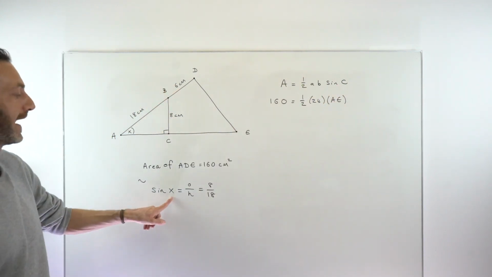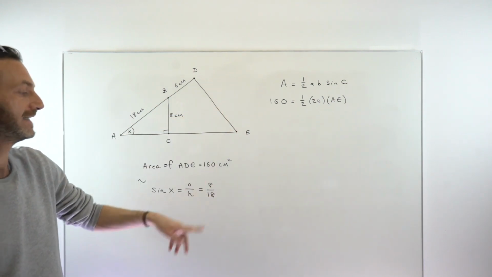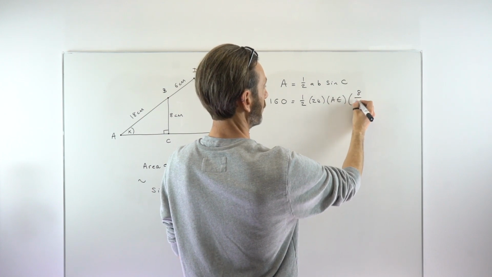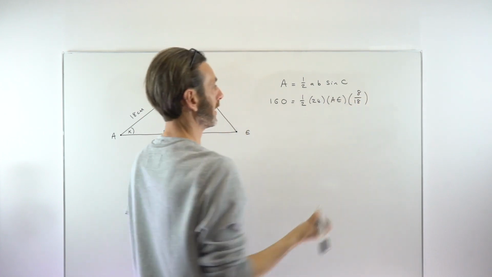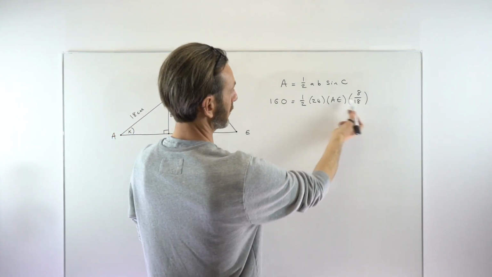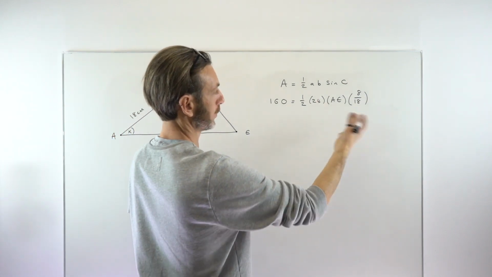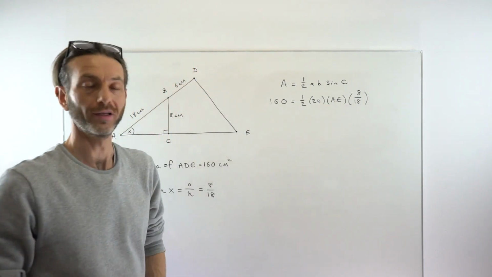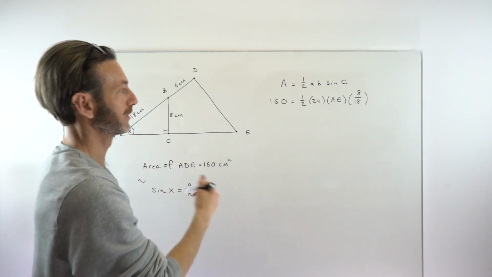So our sine X here, or sine C, is 8 over 18. Granted, that's not easy, and it's not a normal kind of operation. That's, like I say, why this is the last question in the paper. We can now rearrange this formula, solve this equation, whichever way you want to think of it, to get AE, and then hopefully our answer will be reasonable in the context of the diagram.